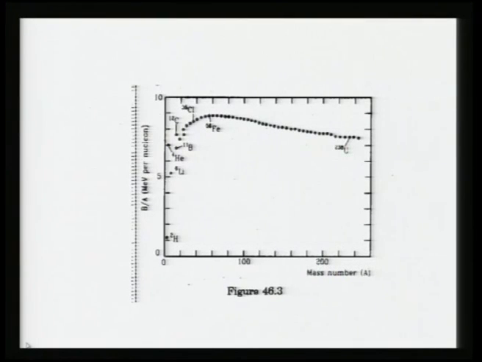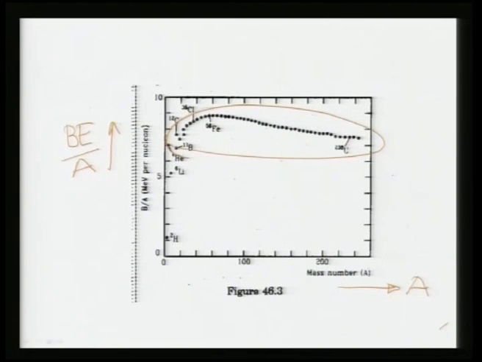Look at the figure. On the y axis is plotted binding energy per nucleon, binding energy divided by A, and on the x axis is mass number A. Any textbook you will find this figure. Barring some very small light nuclei, for which anyway this result is not true, almost all your slightly heavier nuclei are here.